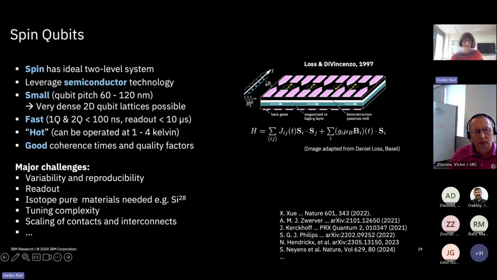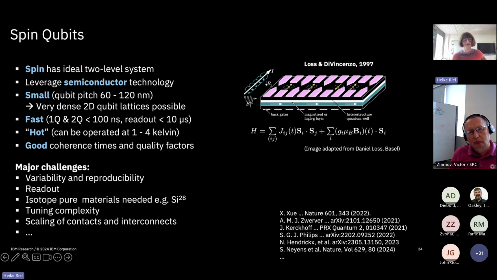So you see here you create with electric leads, you create traps, electric field traps for the single electron in a quantum dot. And to reach a single electron and make this very reproducible, so that you can control and tune these items, is very, very difficult. So variability and reproducibility, reading out the signals, controlling the spins.